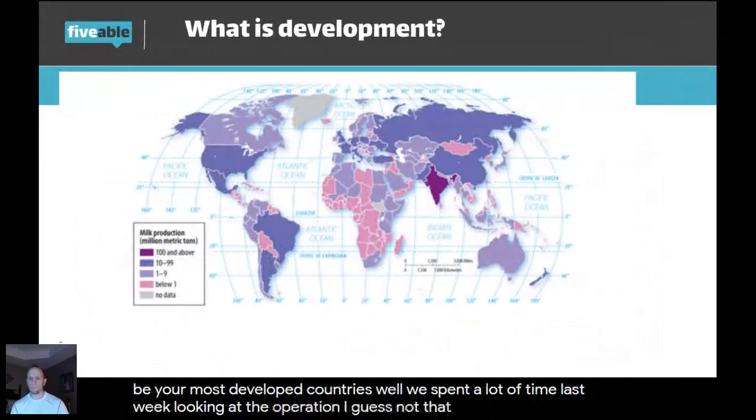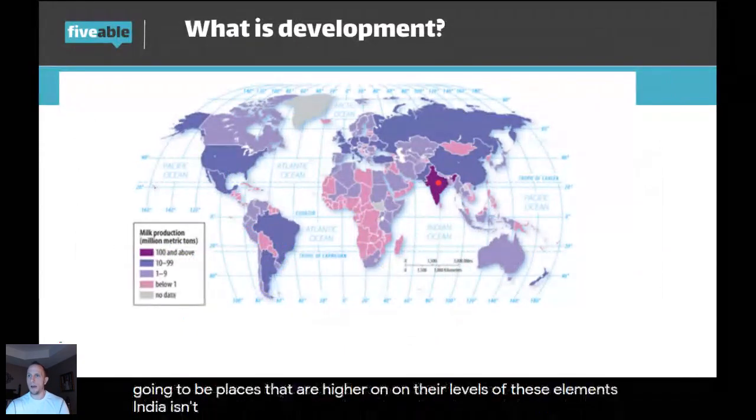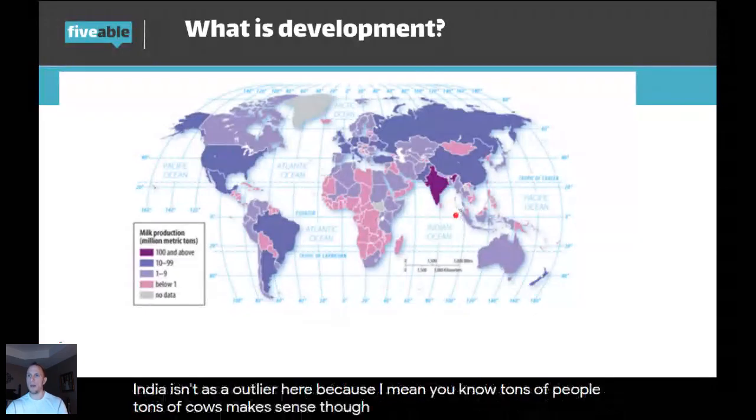There are a lot of computers, and people got to be able to transport it. There's a lot of mechanization in the process, and so it makes sense that places that are able to produce the most milk are going to be places that are higher on their levels of development. India is an outlier here because, I mean, tons of people, tons of cows. Makes sense they would have a lot of dairy.